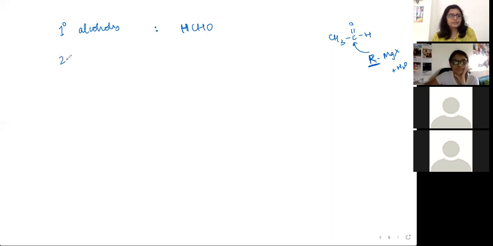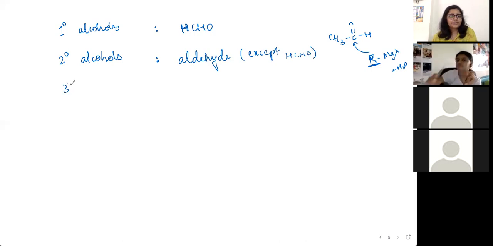So if you want secondary alcohols, what is the raw material you need to take? CH3CHO. Any aldehyde basically, except formaldehyde. Yeah.